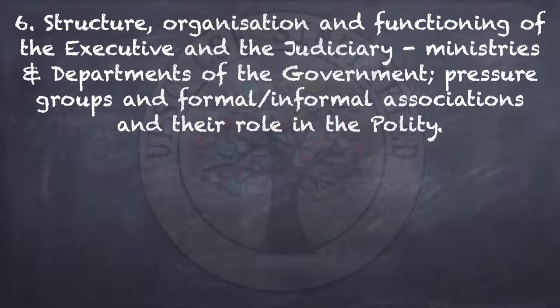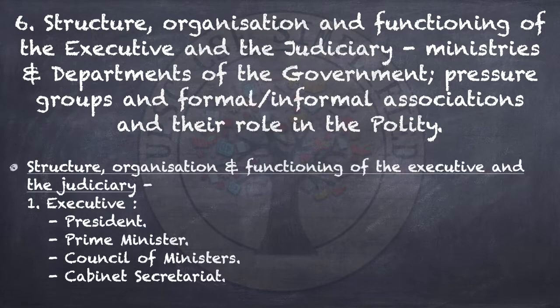Moving towards the sixth topic, it is structure, organization and functioning of the executive and the judiciary, ministries and departments of the government, pressure groups and informal associations and their role in the polity. Bifurcating this topic, the subtopics are structure, organization and functions of the executive and the judiciary.